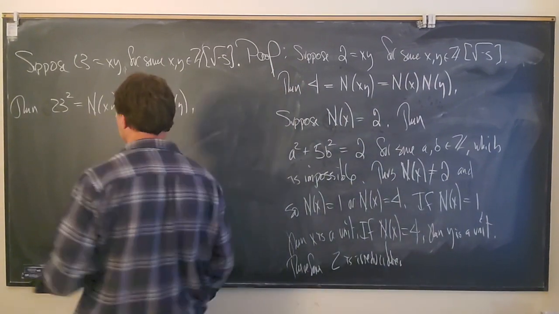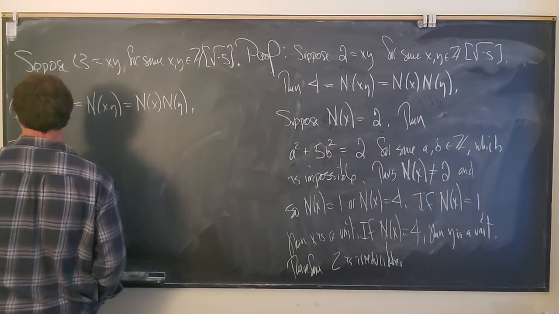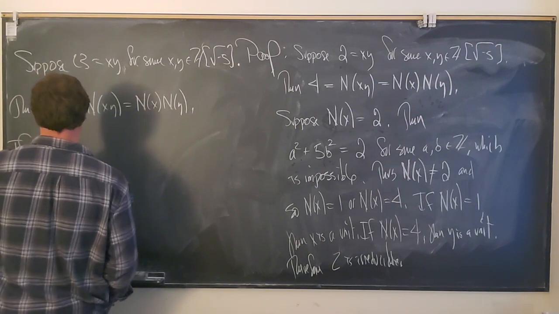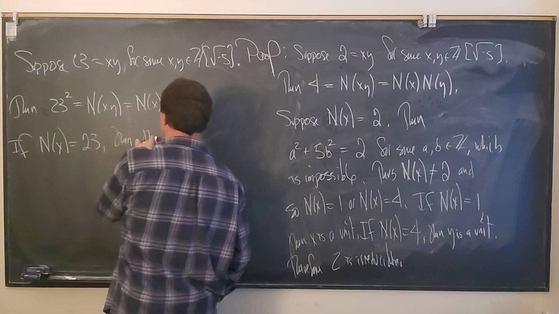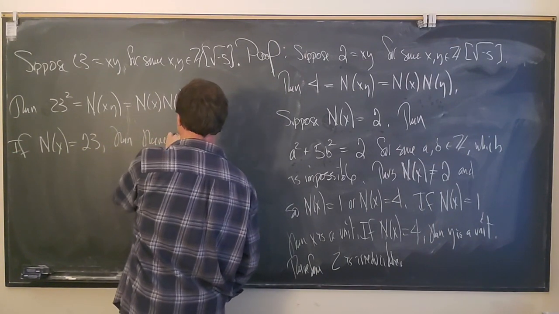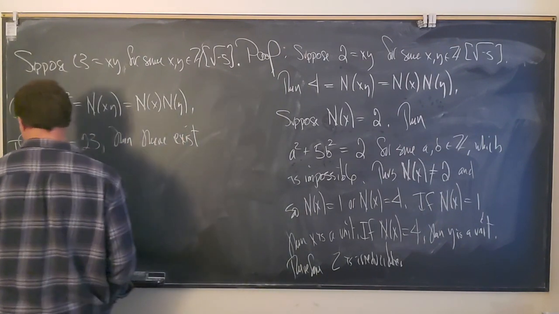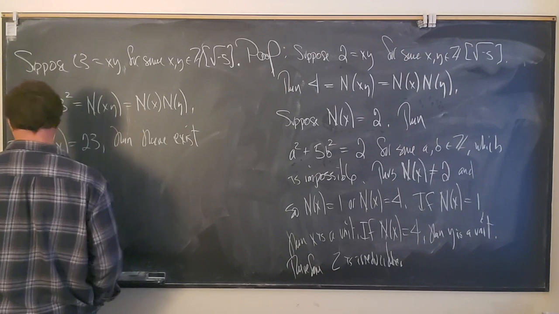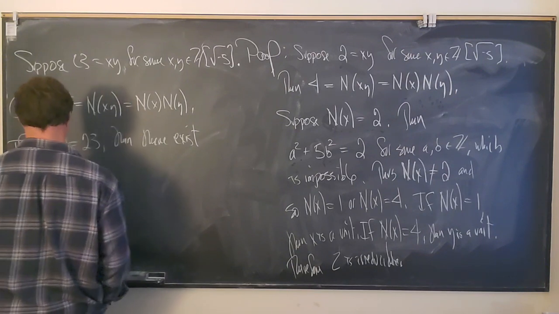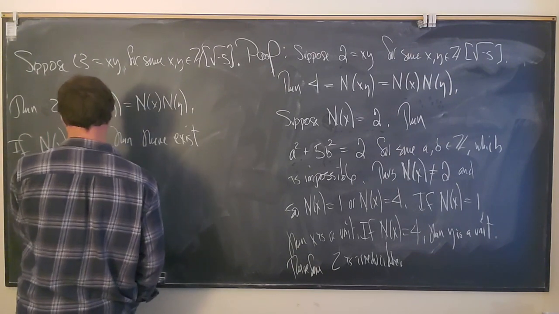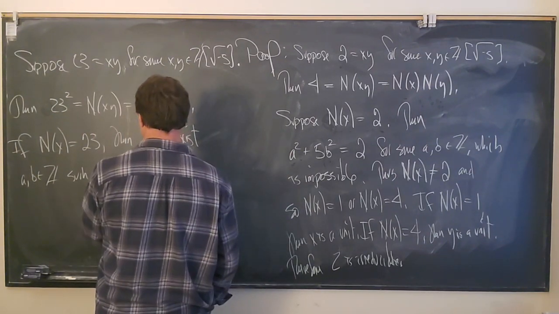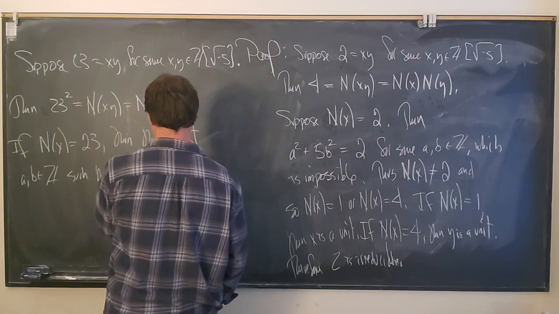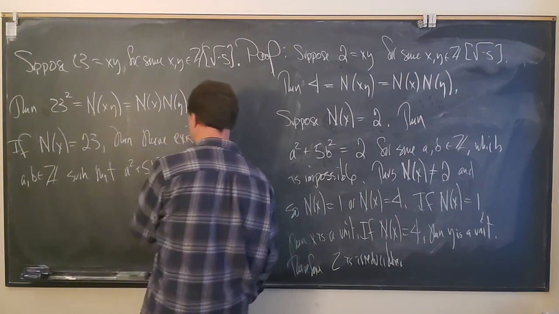So if norm of x equals 23, then there exist integers a and b such that a squared plus 5b squared equals 23.